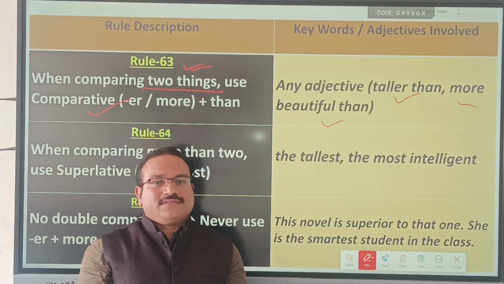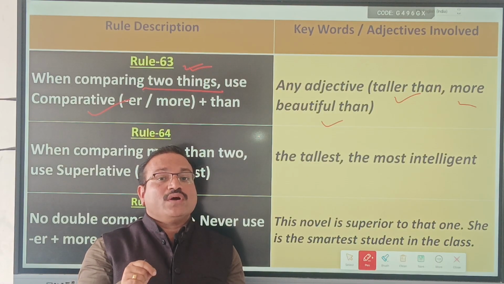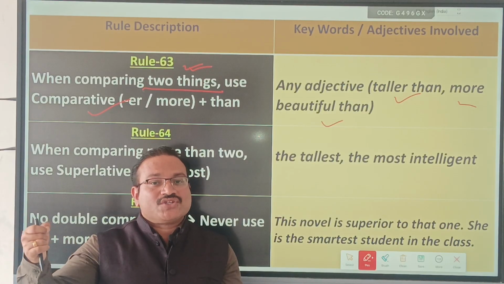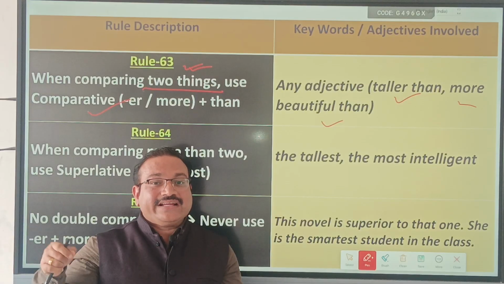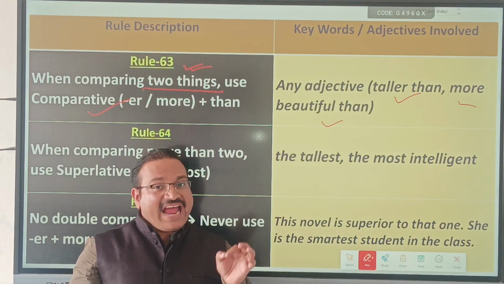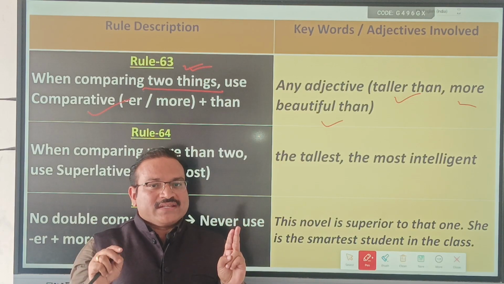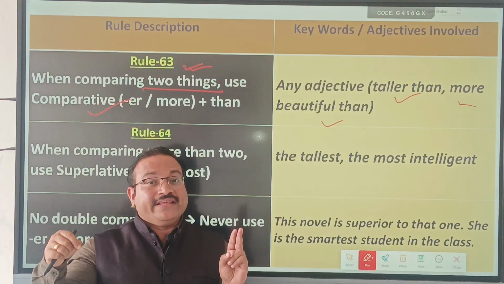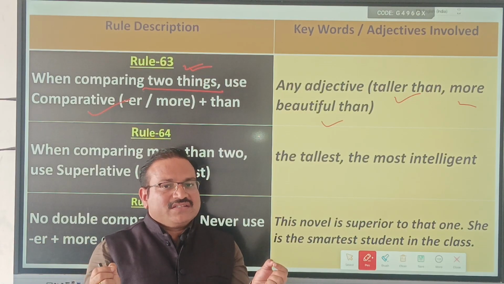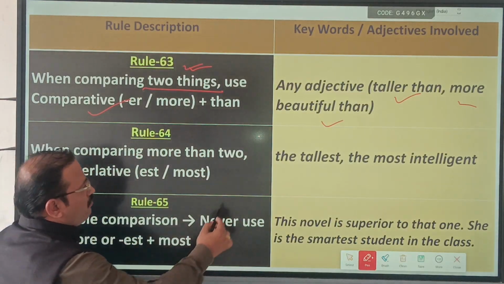And in degree of comparison, how do you compare? We compare using the er form or the more form. Strong, stronger. Clean, cleaner. And beautiful, more beautiful. Handsome, more handsome. So we compare in two ways, either the er form or the more form. So when the comparison is made between two, we use the comparative degree: taller than, more beautiful than.